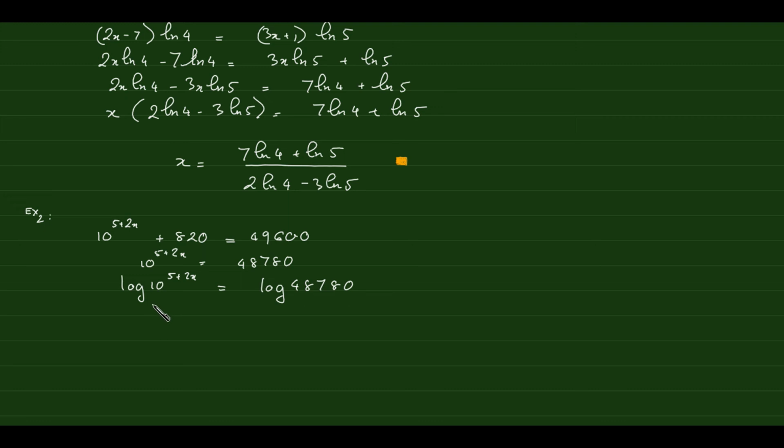And now I drop it down because log base 10 of 10 is 1, and log base 10 of this big number is whatever it is. Now I'm gonna solve for x by dividing both sides by 5. Then you subtract both sides by 5 first, then you divide by 2.